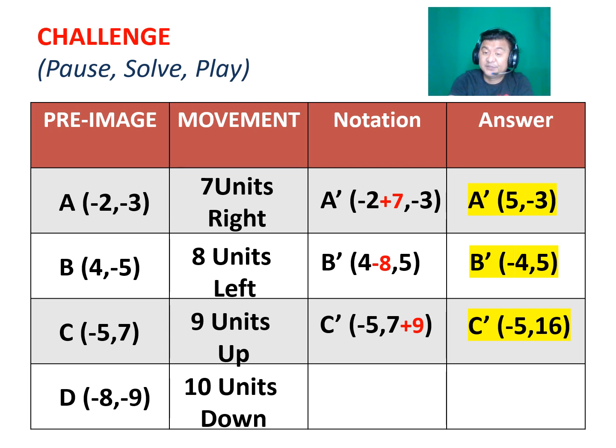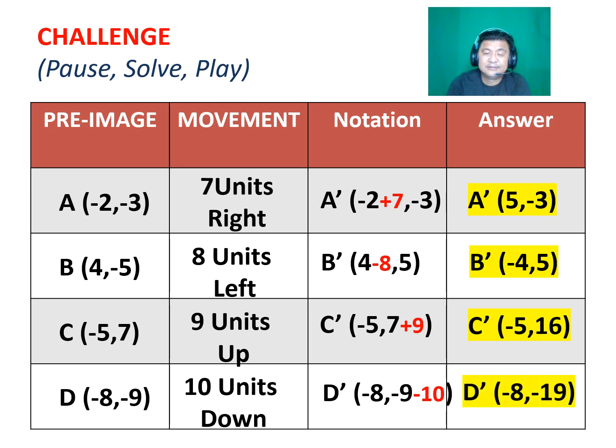Negative 5, comma 16. Negative 8, comma negative 9 minus 10. Negative 9 minus 10, keep change opposite. A negative take away in subtracting. So negative 10, add them up, negative 19. See that? Did you get it all correct? All right, good job.